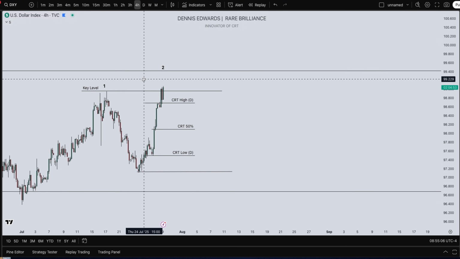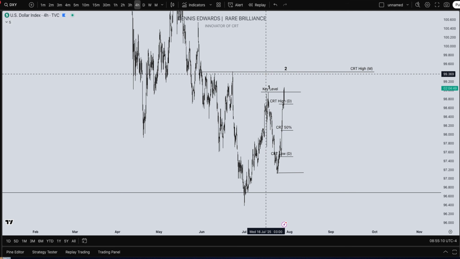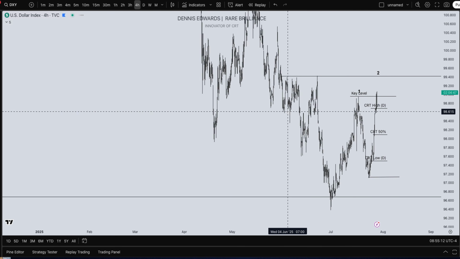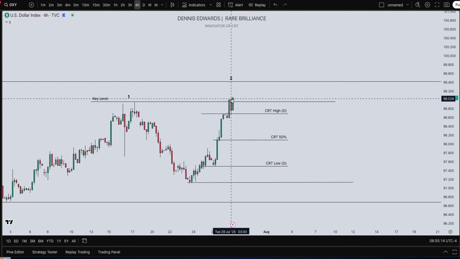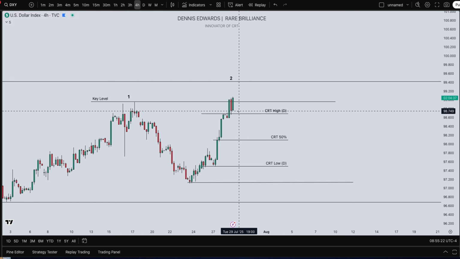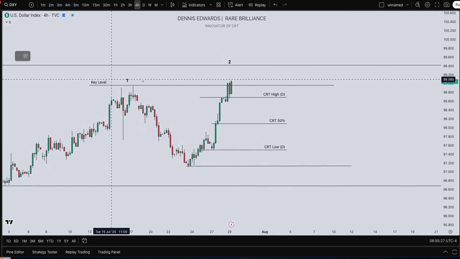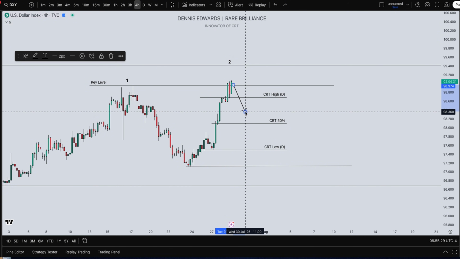So if price does fulfill this high, it will be simply fulfilling the manipulation. And then if price starts to become bearish again, and we start closing and seeing bearish volume come back in, and ultimately our bearish volume comes back underneath this area within the range, then we are going to see lower prices.